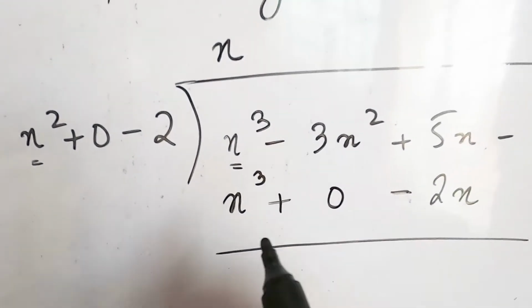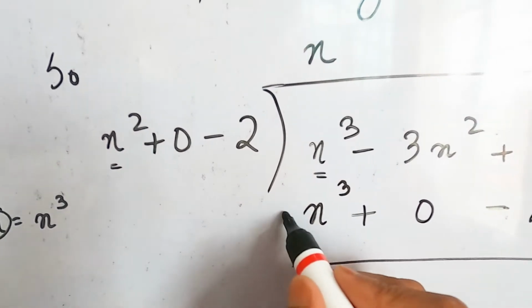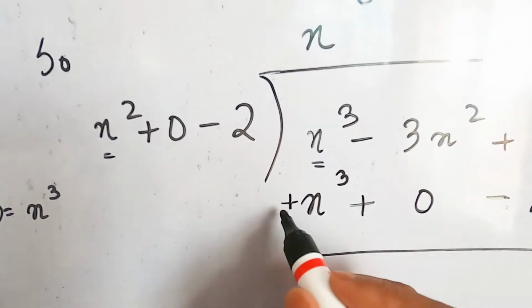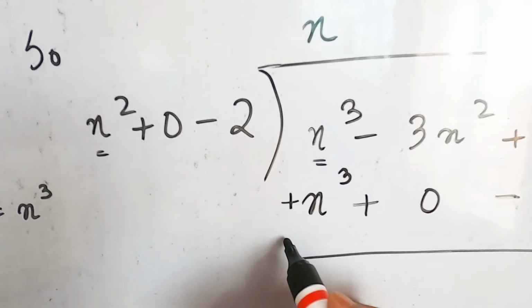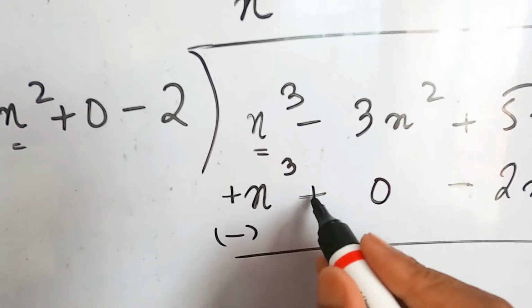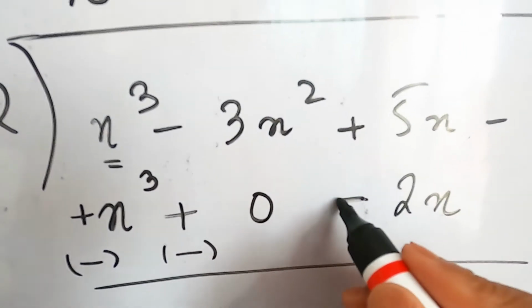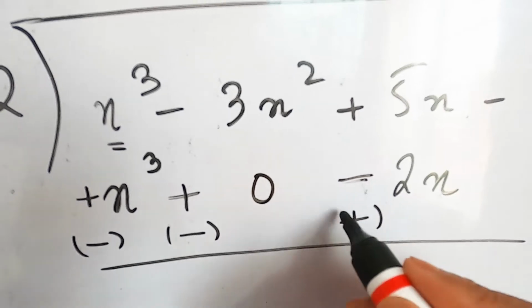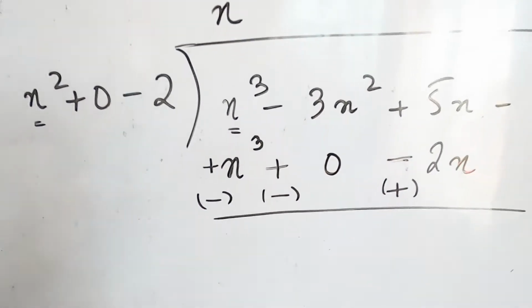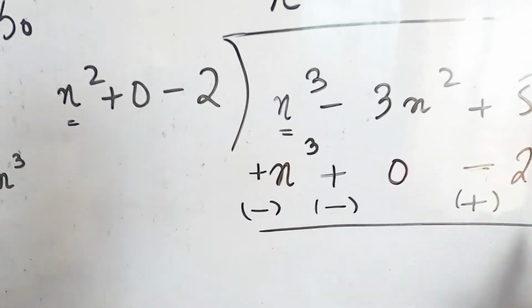All right, another step is very important, which is to use sign convention. So this is plus, after using sign convention it will change to minus. If this is plus, it will change to minus, and if this is minus, it will change to plus. Next we have to subtract, or add.